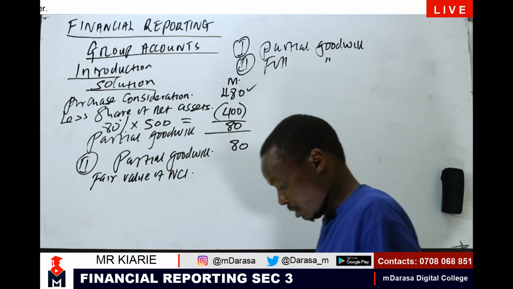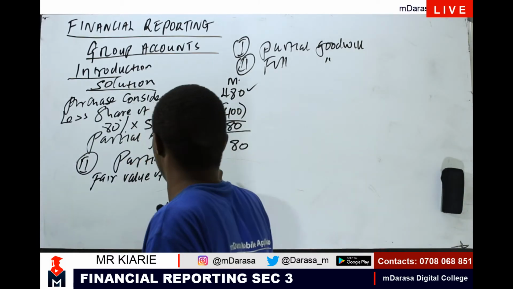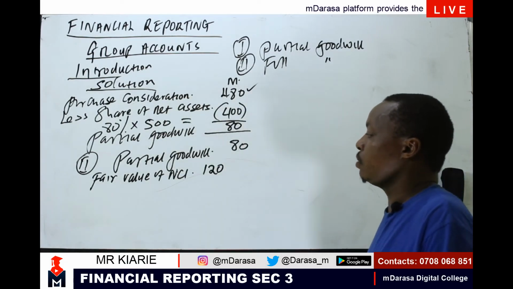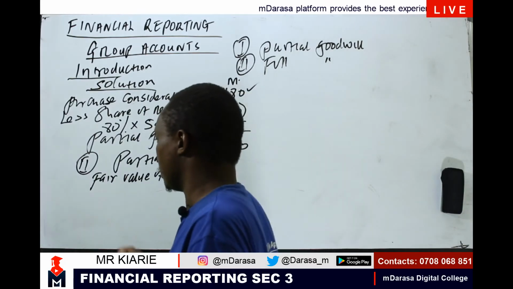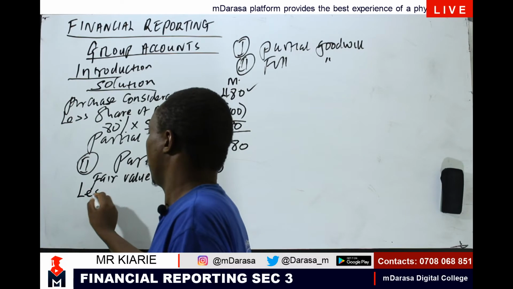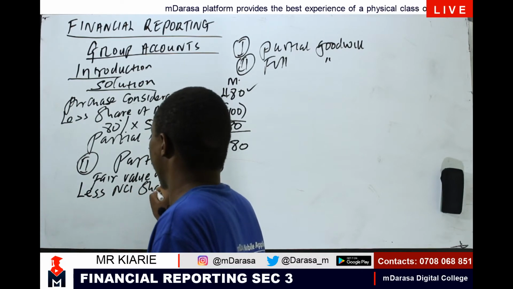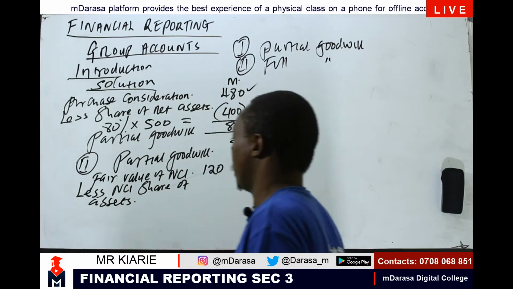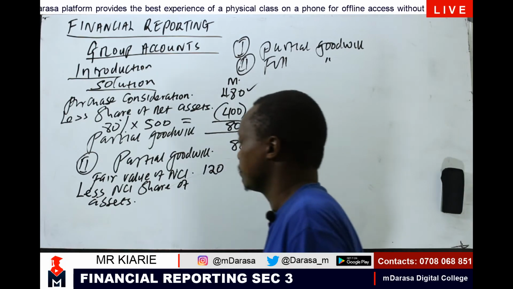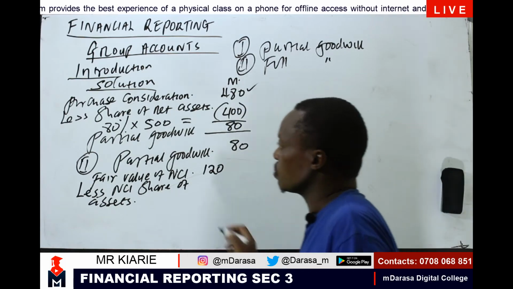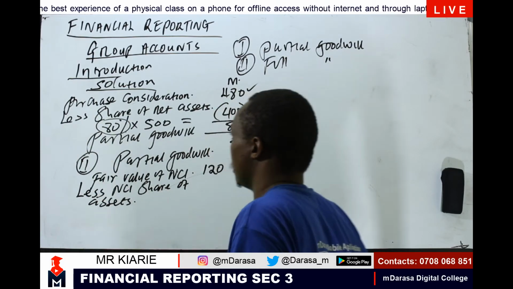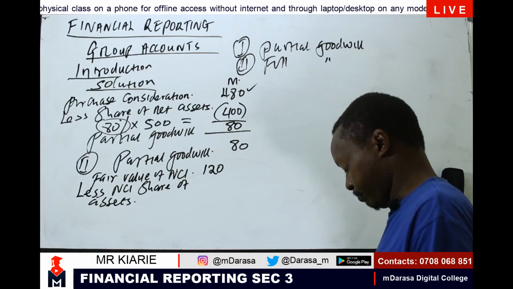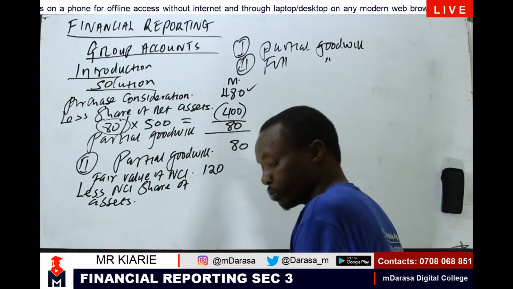So, if the fair value of NCI is 120 million, below that we write: less NCI share of assets. The parent controls 80% of our subsidiary; Mulago Limited controls 80% of Kubwa Limited. Therefore the NCI control 20%.